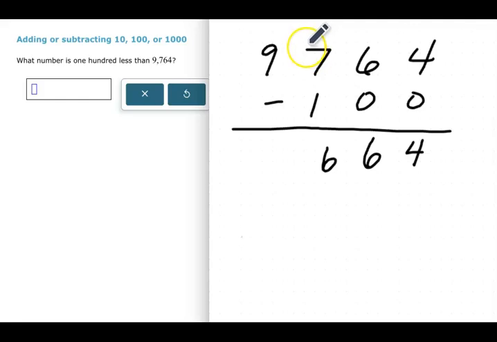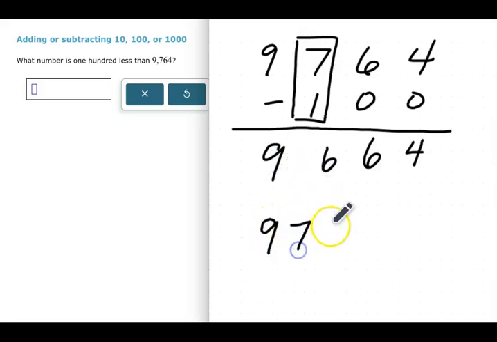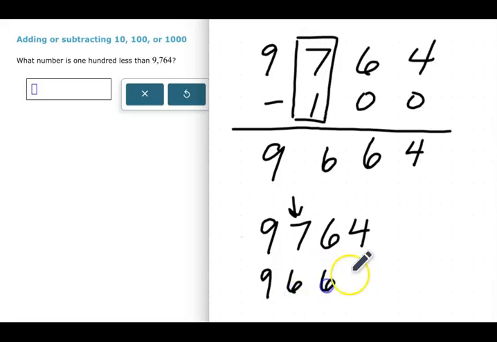Notice the hundreds column is changing, and that's the only column that will be changing. So when we look at a problem like this and we want what number is 100 less, we focus on the hundreds column and we go 1 hundred less. So it was 700, but now it will be 600.